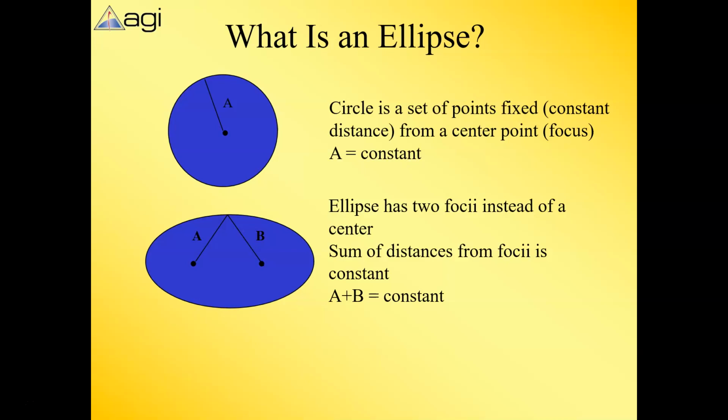The interesting thing about an ellipse is that if you measure the distances from the foci to any point on the ellipse, here you can see two segments, A and B, the sum of those two distances is constant.